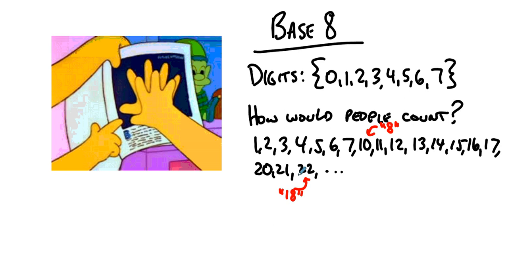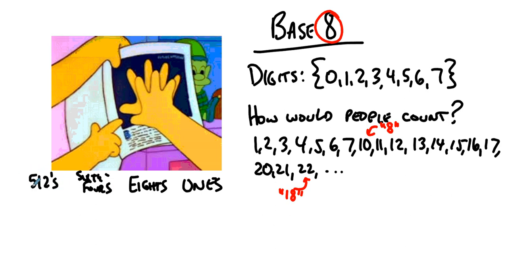How do we do this? Well, the place values in base 8 are powers of 8. So you have the ones place, you have the eights place, you have the 64s place, you have the 512s place, and so on. Because the powers are 8 to the 0, 8 to the 1, 8 to the 2, 8 to the 3, and so on.